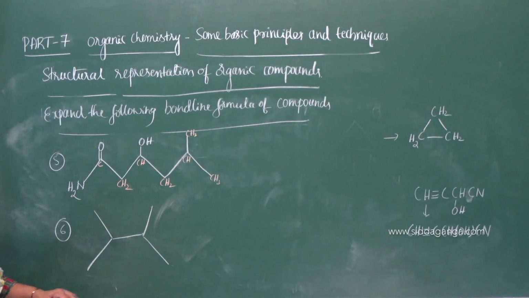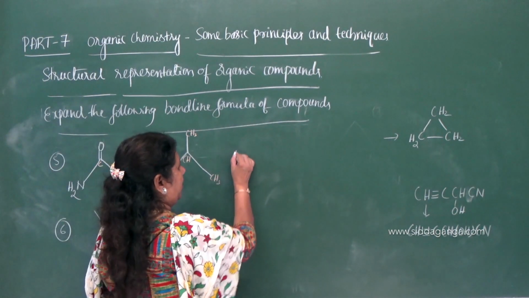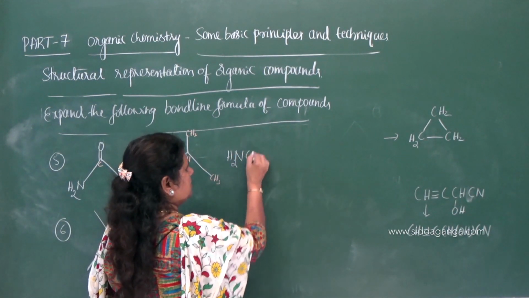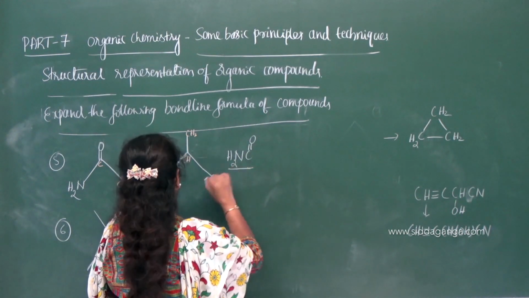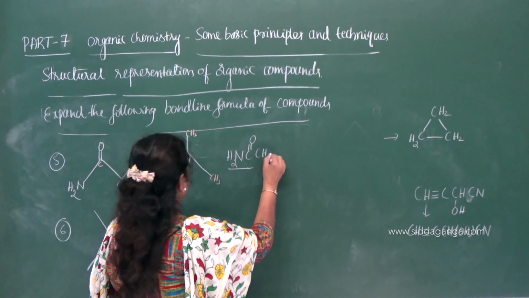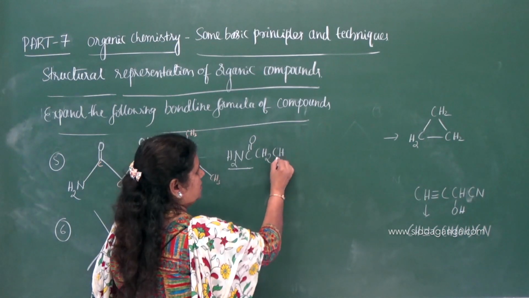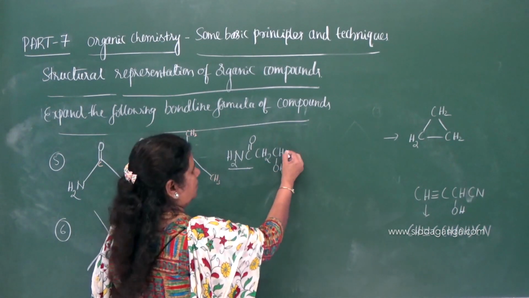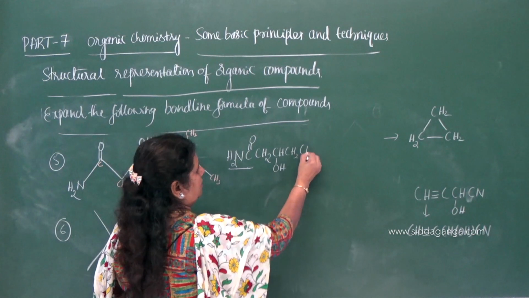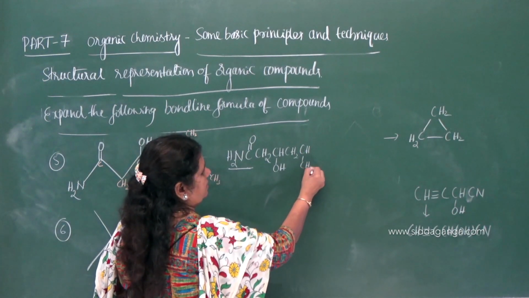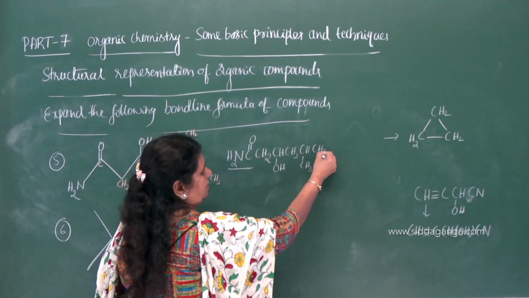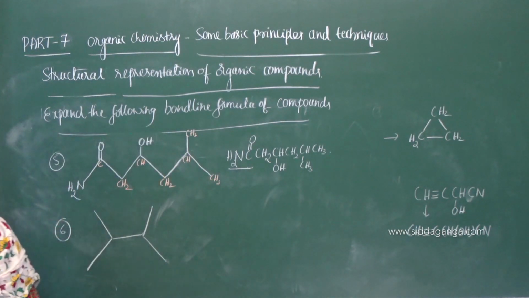Now you can write the formula here. NH2, C double bond O, it is a functional group called amide. CH2, CHOH, CH2, CH, CH3, CH3. This is the expanded form of this.